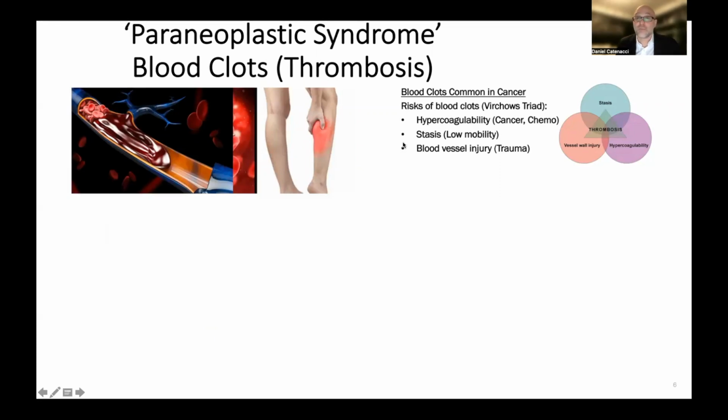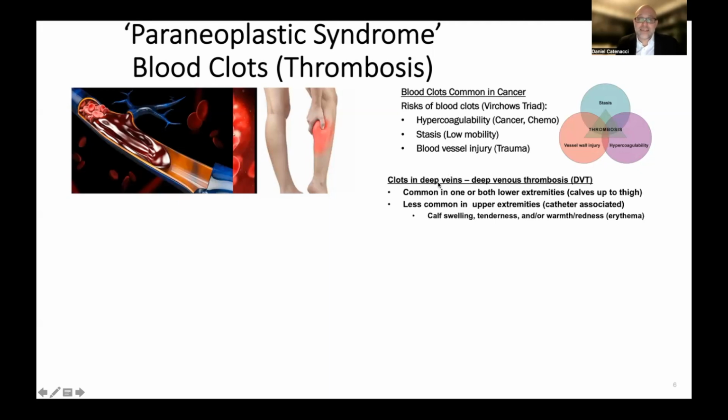And so, of course, if you have more than one of these, then your risk goes up. And in cancer, because patients are often immobile, especially because of their condition, they're deconditioned and maybe wiped out from chemo and not moving around, there are a number of factors that play a role in ultimately getting a clot, or what we call a thrombosis.